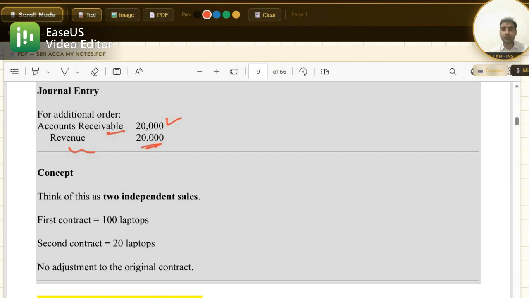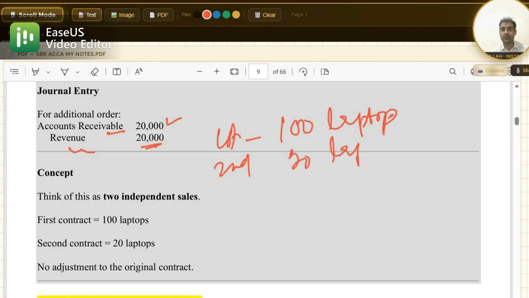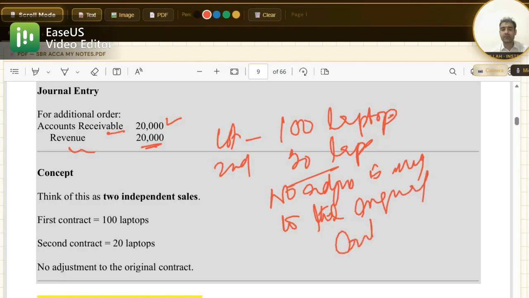The first contract was 100 laptops, and the second contract was 20 laptops. No adjustment is made to the original contract.